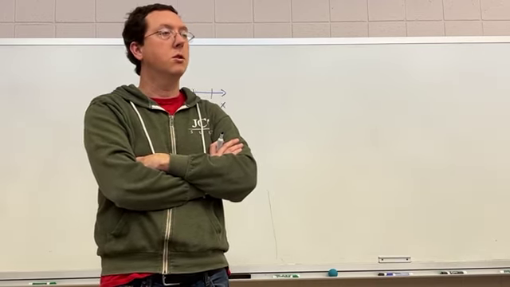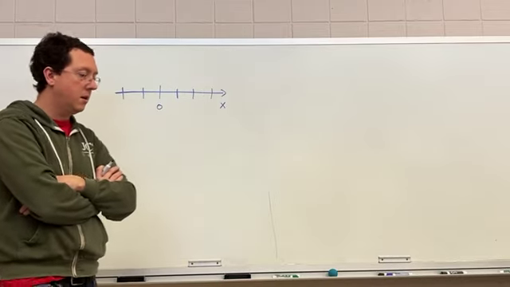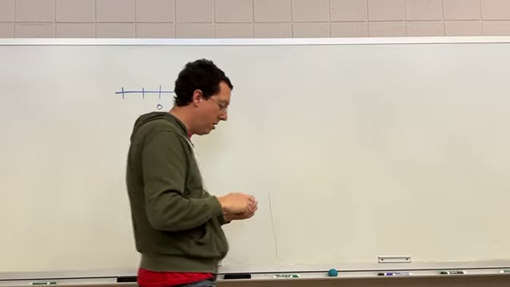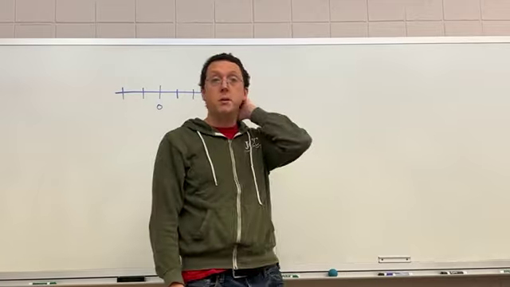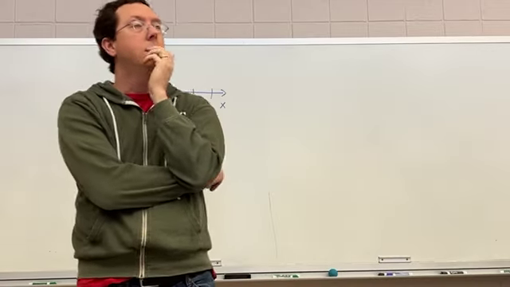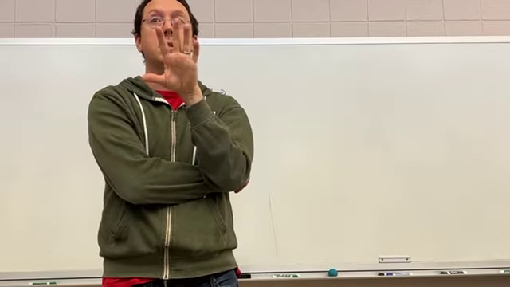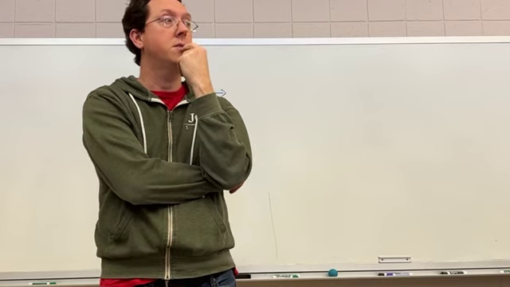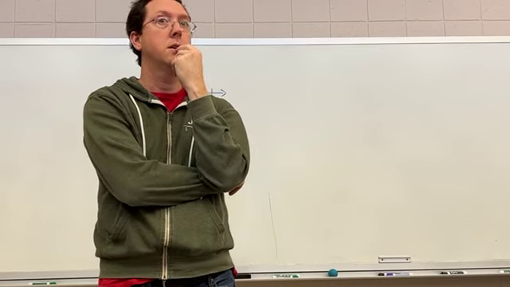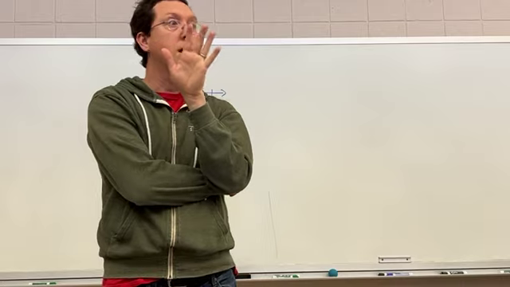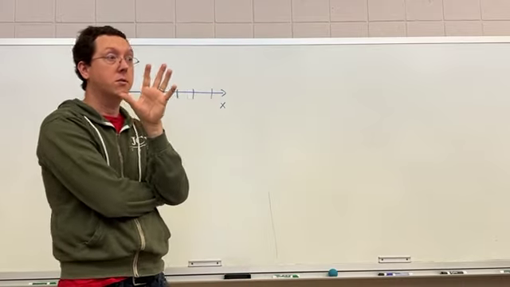Distance and displacement. There is a little bit of similarity, but they're different. One of them is a vector and one of them is a scalar. Which one is the vector quantity? Displacement.